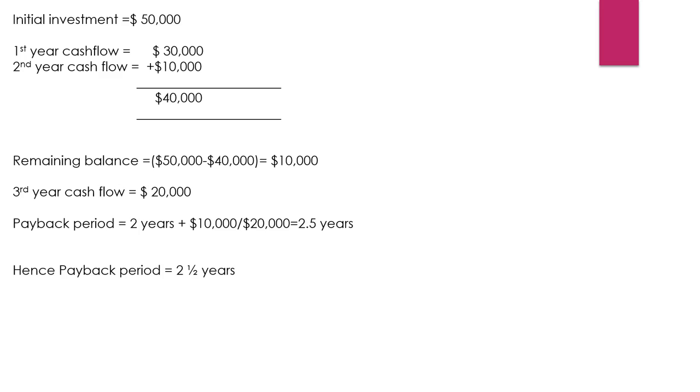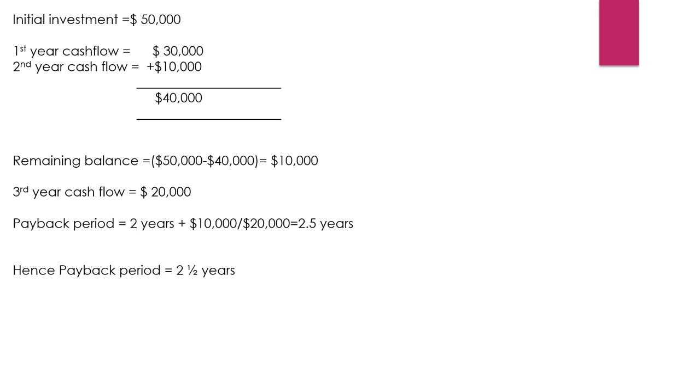So this is the easiest way of calculating the payback period. You calculate first the cash flow, you add the total, and the remaining balance you divide by the next year's cash flow.